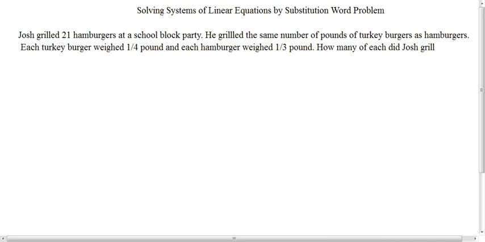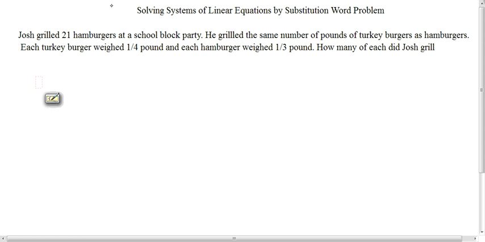Well, let's take a look and see what the problem is literally giving us. Remember, this is a system, so it has to give us two equations. First of all, it said he grilled 21 in total, and they were turkey burgers and hamburgers.